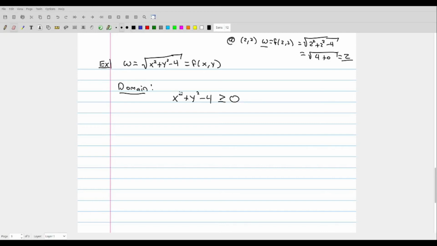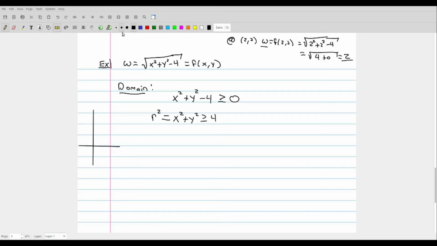So we conclude that the natural domain of this function is all points where x squared plus y squared minus 4 is greater than or equal to 0. That means x squared plus y squared is greater than or equal to 4 if you add 4 to both sides. And remember that x squared plus y squared is the same thing as r squared, where r is the distance, the radius, from the origin.